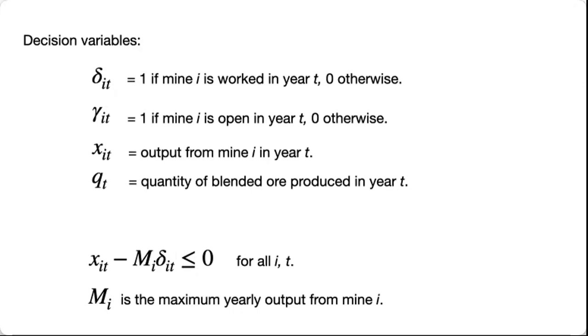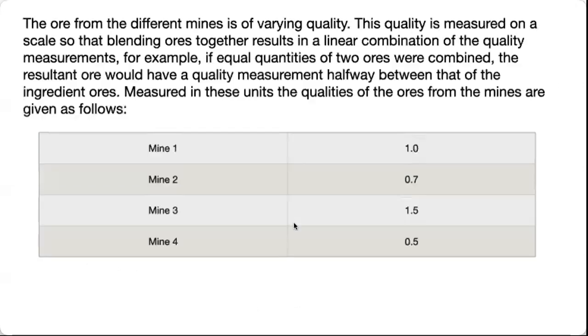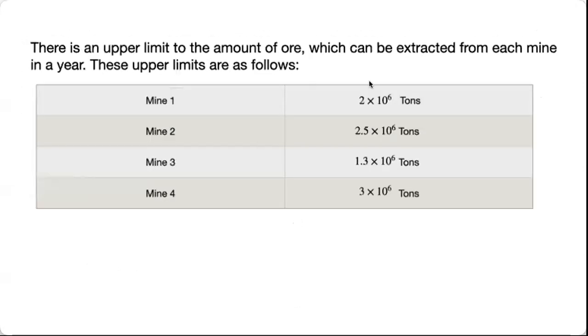And it cannot be negative, of course, so XIT must be 0. We force it to be 0 because we don't work on that mine. MI is the maximum yearly output from mine I, so it is this one. This is the maximum output.